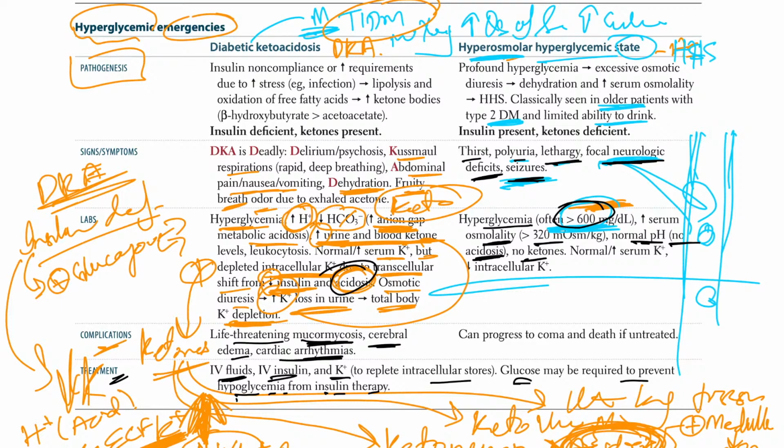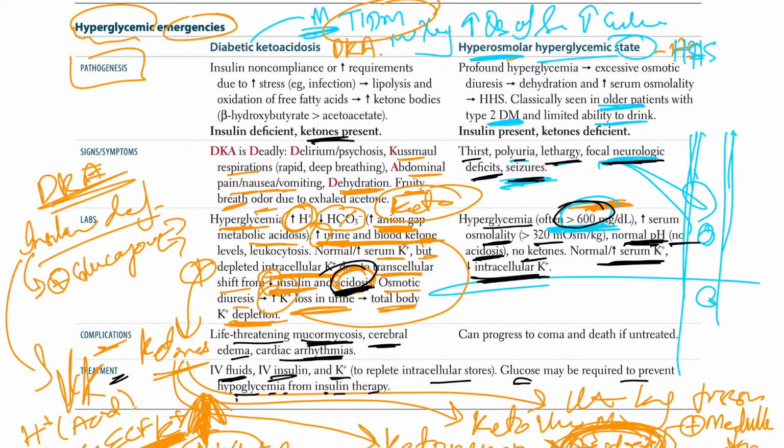These are a couple of differentiating features versus the other one, where you have ketone bodies and acidosis, and also a decrease in pH. Here is normal pH, normal to increased serum potassium and decreased intracellular potassium.